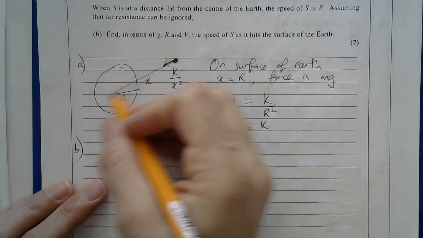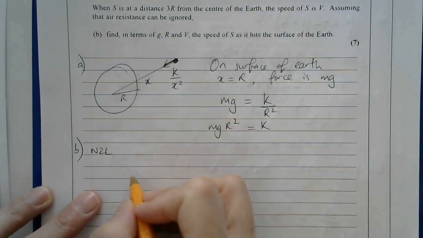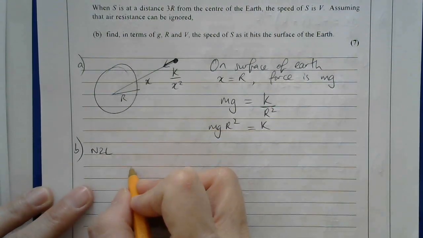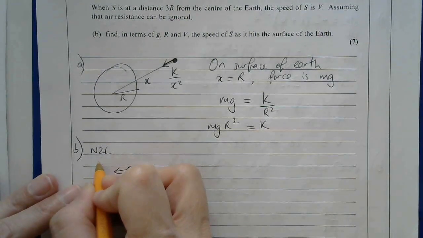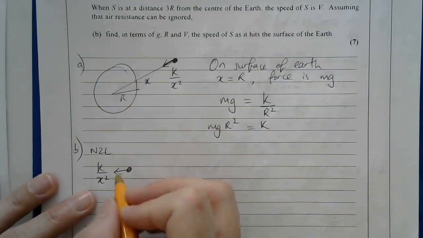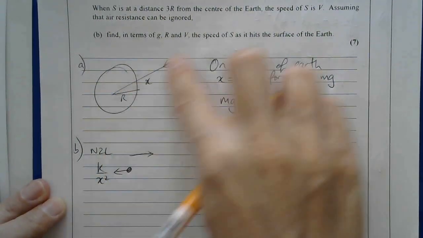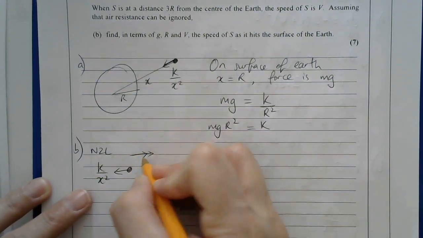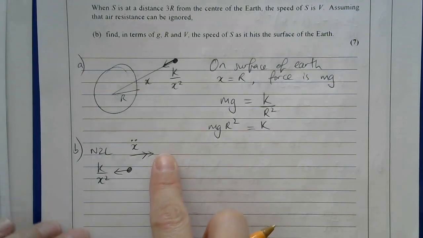I can do Newton's second law here, because if I look at what's happening, I've got my spacecraft, which has this force of k over x squared towards the centre of the Earth, and I know if x is measured from the centre of the Earth out in this direction, then the acceleration is in this direction.